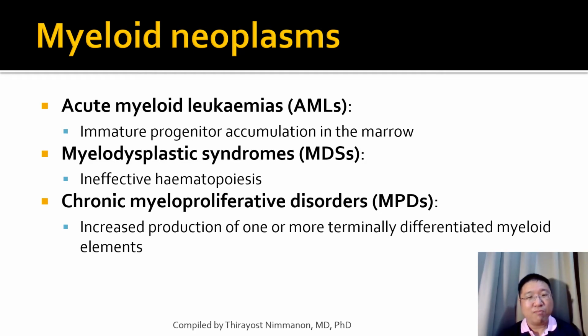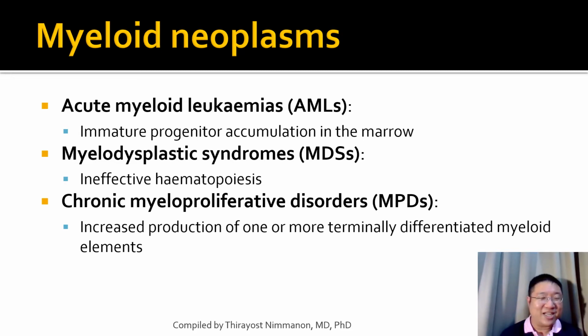But most of the myelodysplastic syndromes will have a cytopenic blood picture because the abnormal cells cannot exit the bone marrow. So they will be accumulated in the bone marrow and they cannot be released into the peripheral blood. So you see cytopenias in these patients.